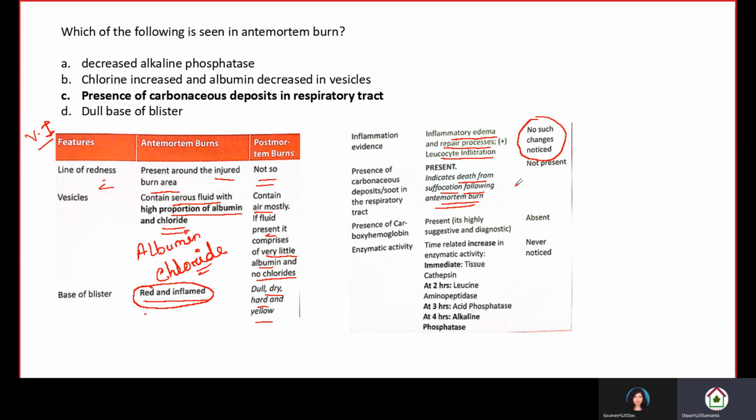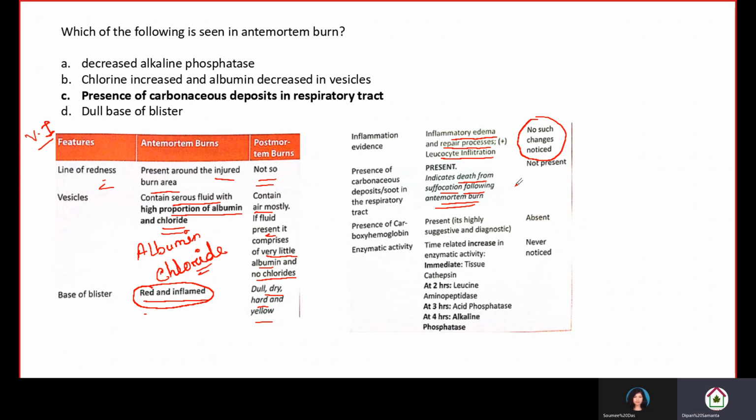While the body was burning, it was still alive, and that is why the person inhaled the smoke, and the carbonaceous material got into the nostril and the respiratory tract.